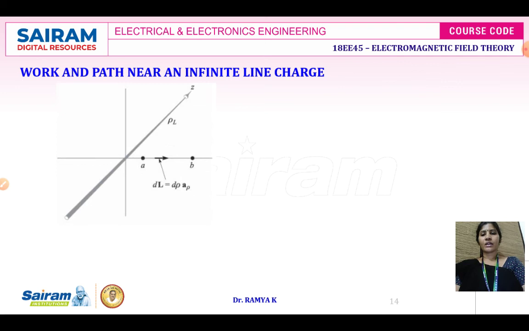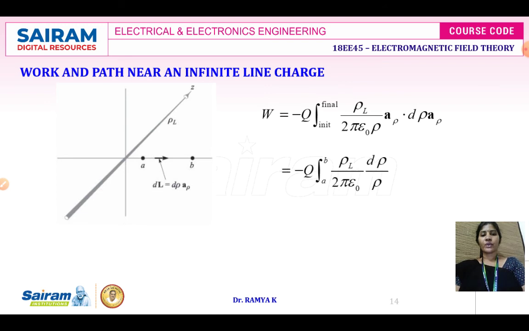Work path near an infinite line charge, continuation. After simplification, you get minus q integrated between the limits a to b, because you want to move the charge from point A to point B. In case you want to move the charge from point B to point A, then in the integration the initial value is b and the final value is a.